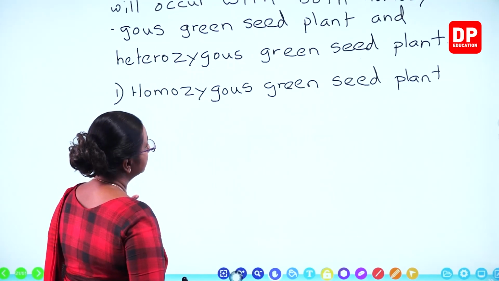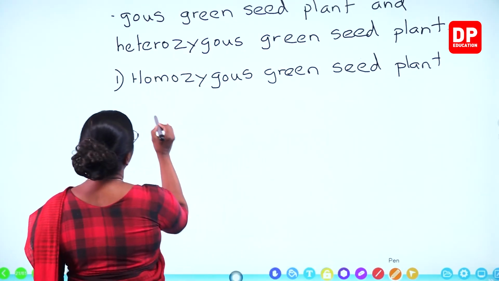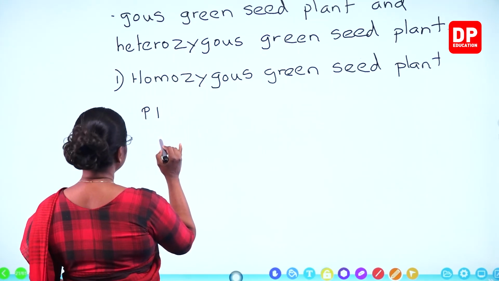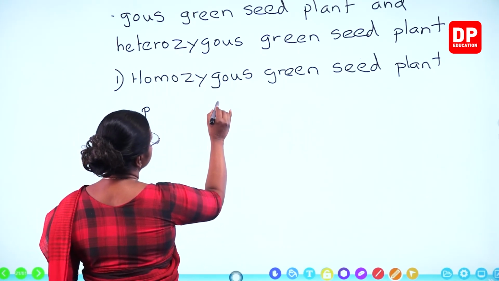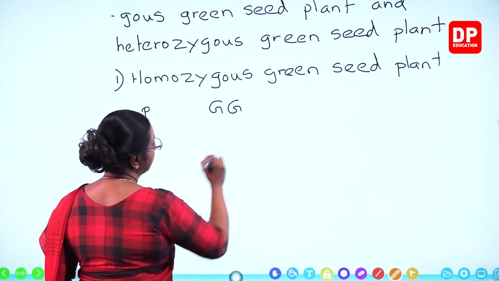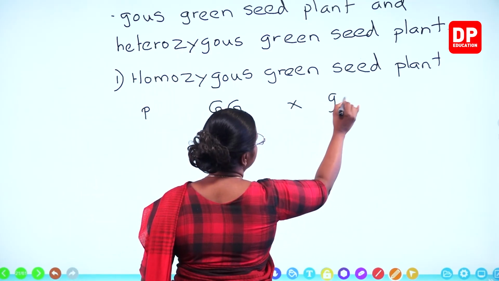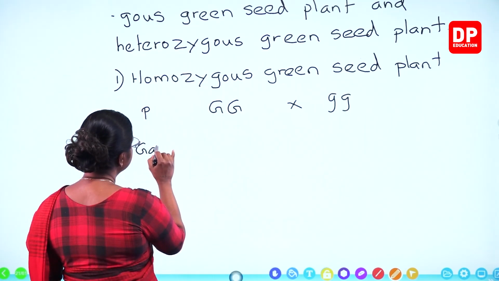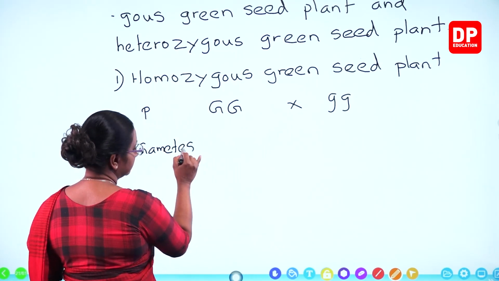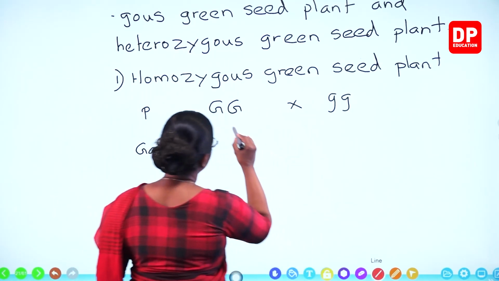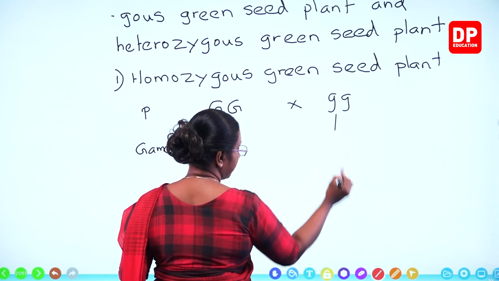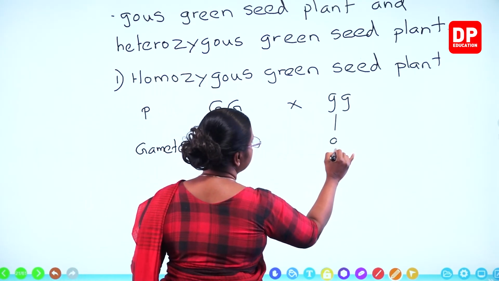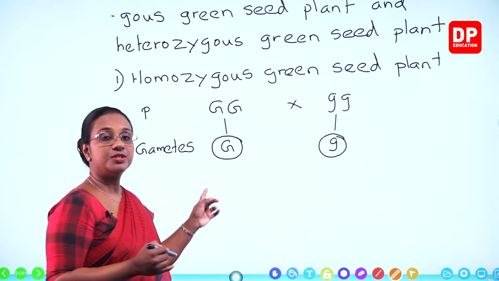So then we have the P1 parent generation, P, that is capital G capital G into simple G simple G. So from that we will get the gametes. You will only have one type of gamete, capital G and simple G. Sometimes we don't circle the gamete.